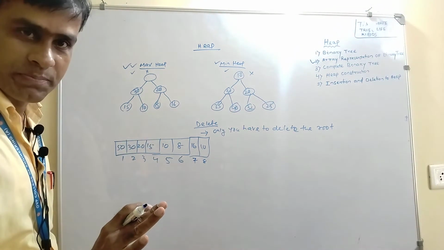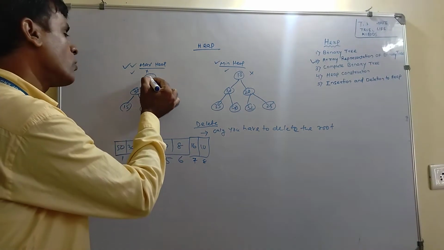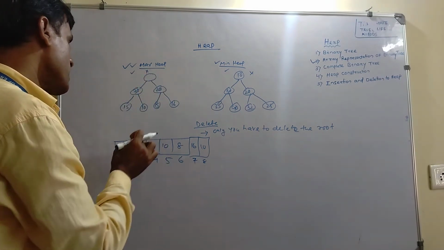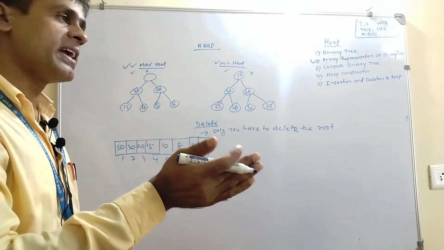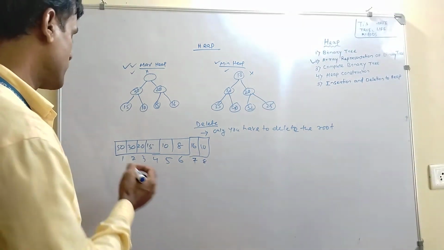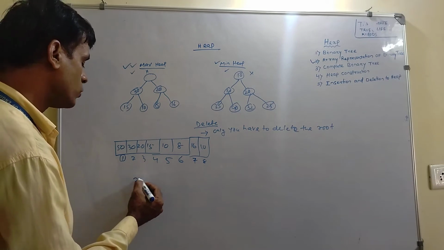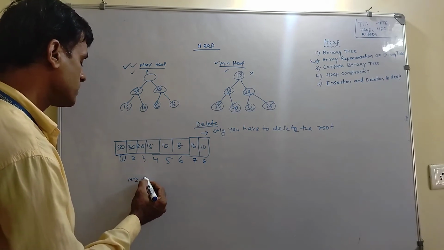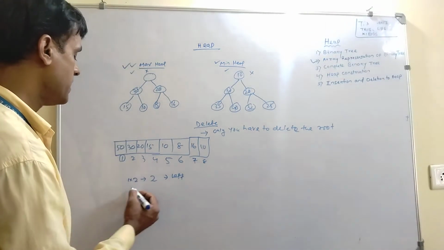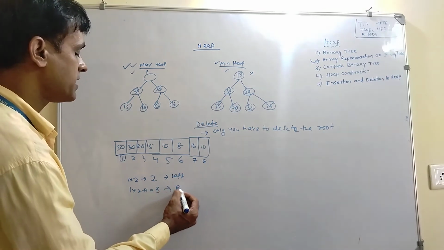If it is a max heap, keep in mind, we have to compare. So how could we know who the children of this root are? The left child is present at 2i and the right child is present at 2i plus 1. Suppose 50 is at the 1st index, then its children will be at 1 into 2, that is the 2nd index, the left child, and 1 into 2 plus 1, that is equal to 3, the right child.